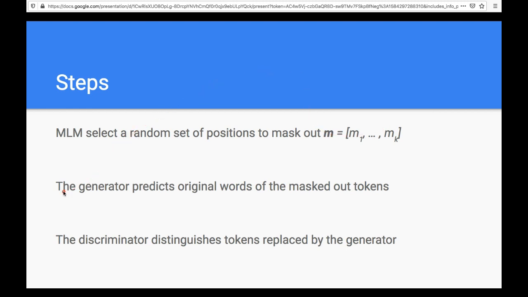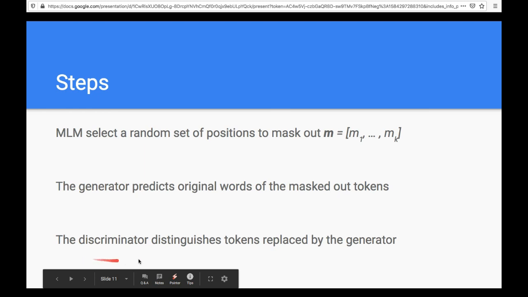The generator predicts the original words of the masked-out tokens. Basically, it tries its best to make them as similar to the original as possible. If it predicts exactly the same as the original, that's the best, and you have the best loss.